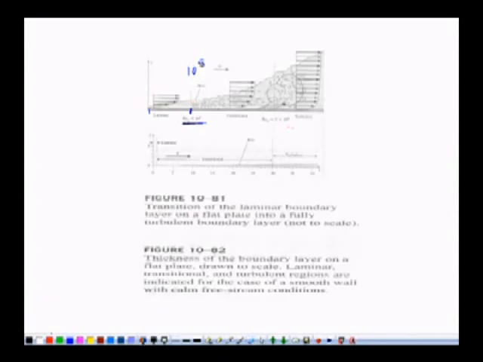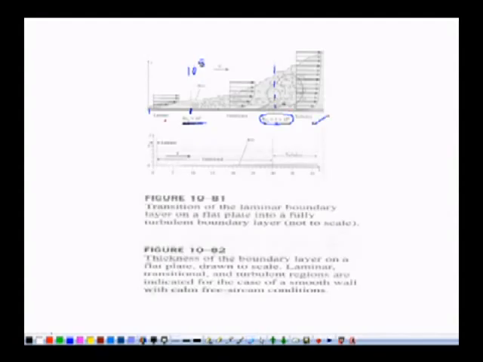From 10 raised to 5 to around 3 into 10 raised to 6, we have a transitional boundary layer, and after this location, when the Reynolds number is more than 3 into 10 raised to 6 generally, then we have a turbulent boundary layer.